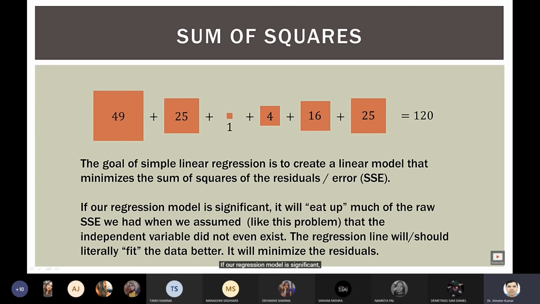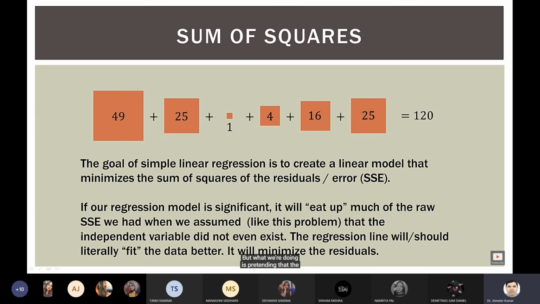If our regression model is significant, it will eat up some of the raw error we had when we assumed, like in this problem, that the independent variable did not even exist. So what we're doing here is taking a simple linear regression problem that in theory has an independent variable called the bill amount and a dependent variable called the tip amount.